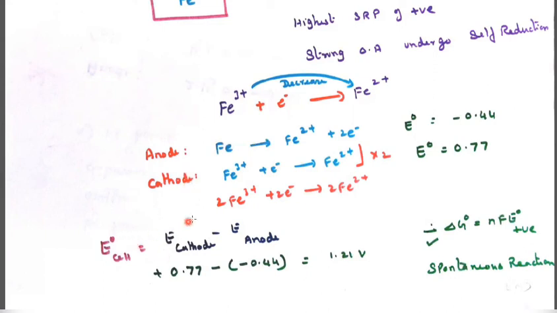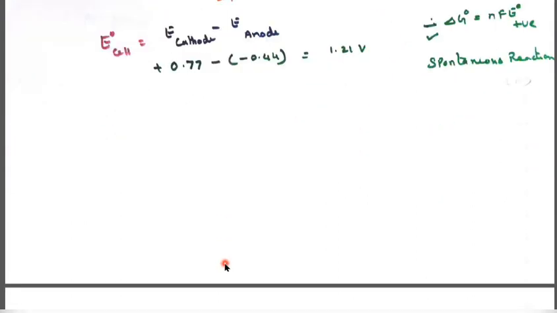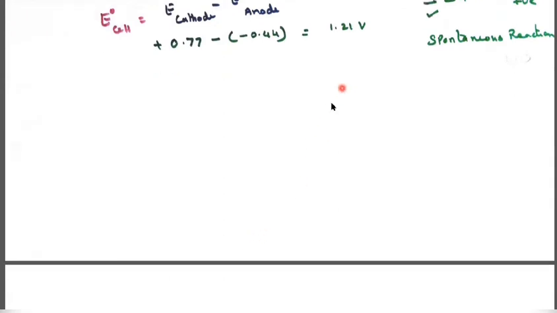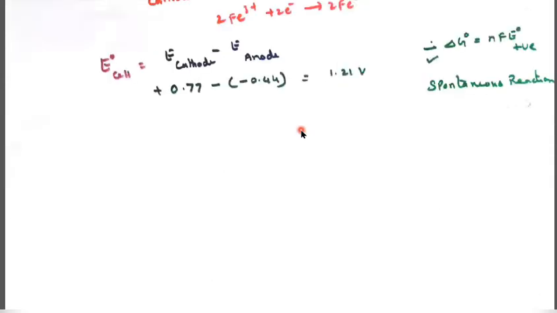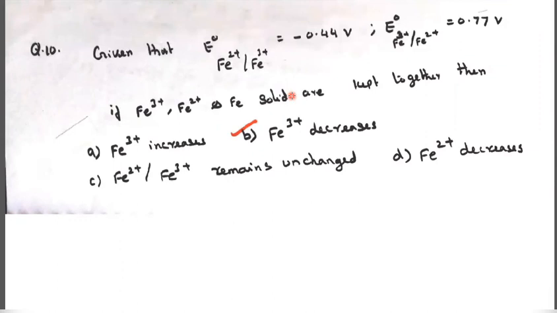E naught cell is equal to E naught cathode minus E naught anode. The E naught cathode value is 0.77 minus the E naught anode value of -0.44, which becomes plus. So 0.77 plus 0.44 gives 1.21 volt. So Fe3+ decreases.